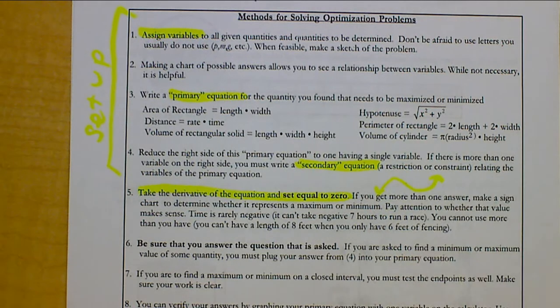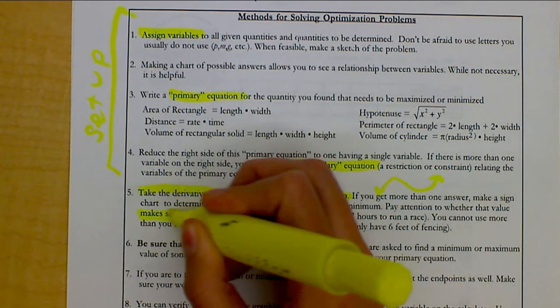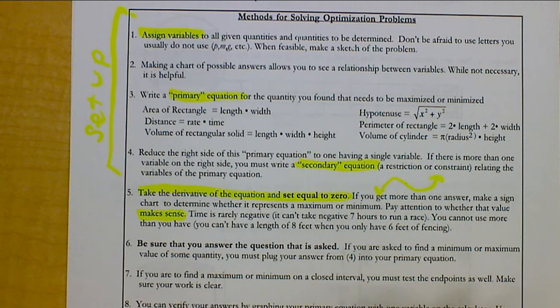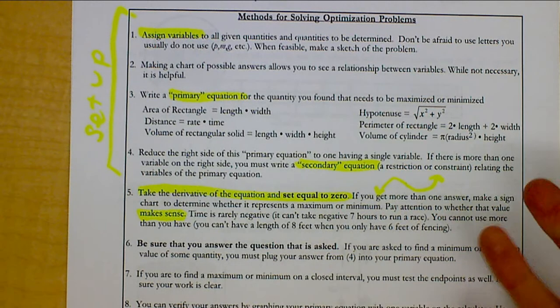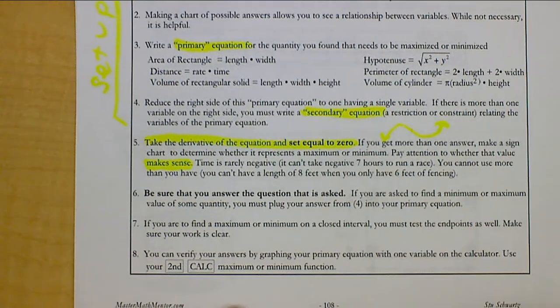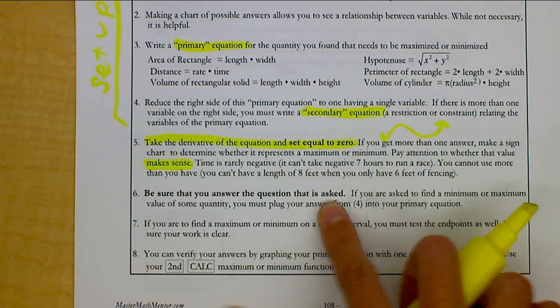Okay, and then you also need to pay attention to whether the value makes sense. So make sure it makes sense. You can't have negative time, or you can't have a maximum amount of rope that is more than the actual amount of rope you're given. The rest of these, they already bolded this. Be sure that you answer the actual question.